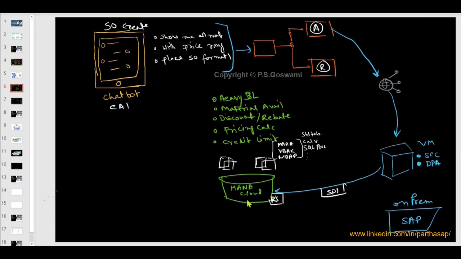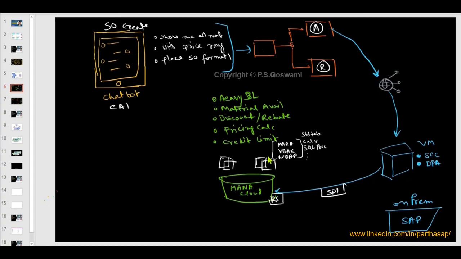So now the next point. This is okay. For the standard data, we can build those kinds of business logics: discount logics, pricing calculation logic, credit limit checking logics on top of the standard data. Before that, let me just tell you, if we have to do a similar kind of thing, like calculating the credit limit or some pricing calculations, previously we used to do different kinds of enhancements using BAdIs or user exits.